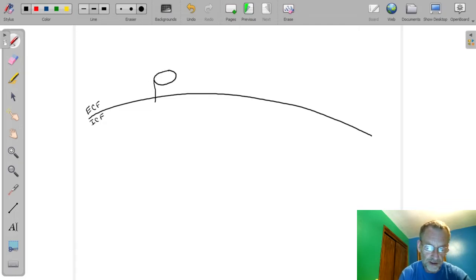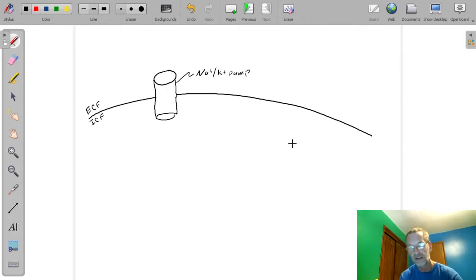I'll just represent that something like this, and we'll label it the sodium-potassium pump, sometimes referred to as the sodium-potassium ATPase, because it hydrolyzes ATP.